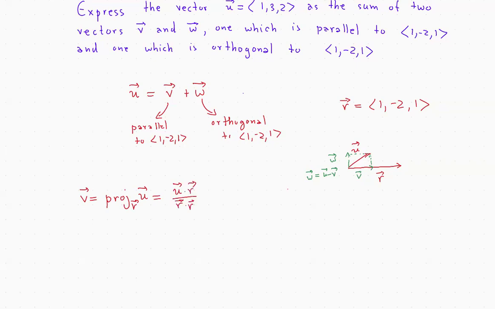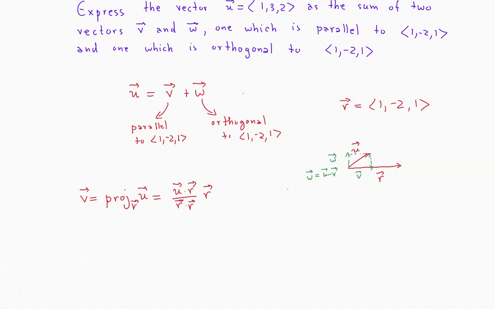So in other words, we're supposed to compute the dot product on the numerator, the dot product on the denominator, find this number, and then scale r by that number. You have to be careful here not to be tempted to do a cancellation of r with r. These are dot products. It's not usual multiplication.